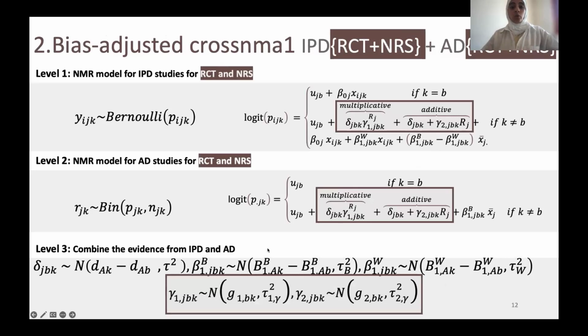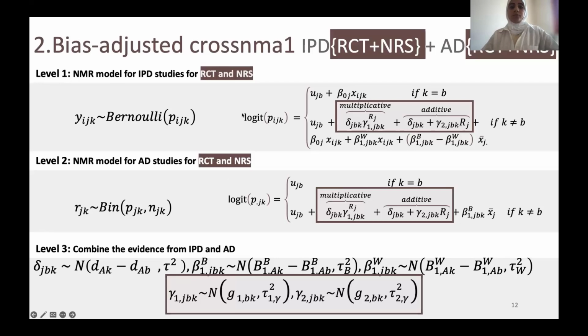The bias adjusted model 1 is another extension of the three-level hierarchical model, which adjusts the relative treatment effects for study bias by either adding the bias effect of each study, gamma 2, multiplied by the bias indicator R. R can take values 0 or 1, and I will give more details about R in the next slide. Or by multiplying the relative treatment effect by the bias effect, which is a less common case than using the additive bias effect.